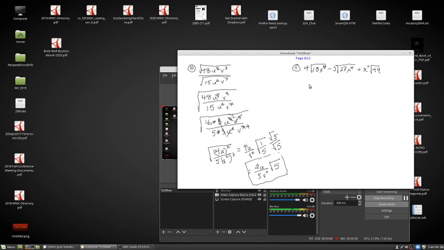Okay, and then the last one of these. What we're going to do is in each of these simplify it, and then if we have common radicals, we'll combine like terms. Okay, so we have 4 times the square root. 18 is going to be 2 times 9, so we'll have 9x to the 4th here.